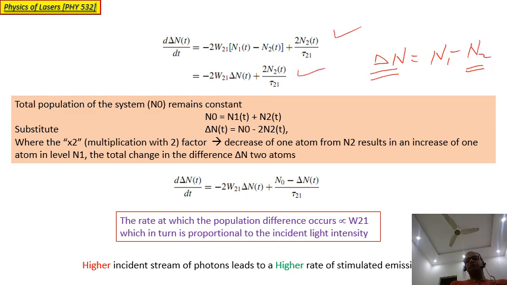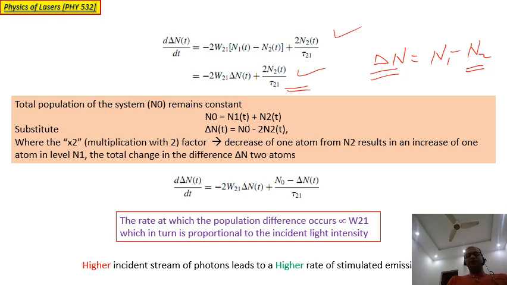Further, we apply the condition that the probability of absorption and the probability of stimulated emission we can take as equal, at the same intensity of the incident photon. Now if we move further, what we get?